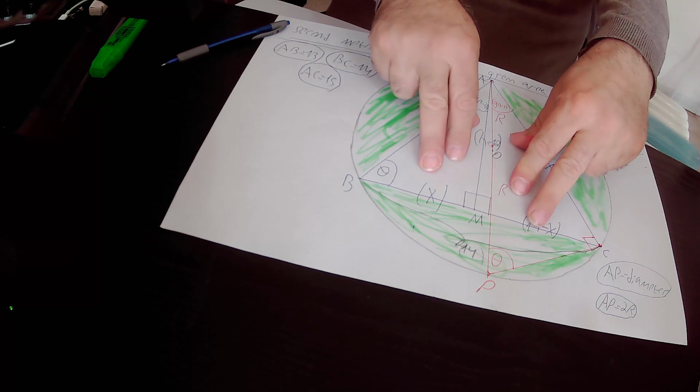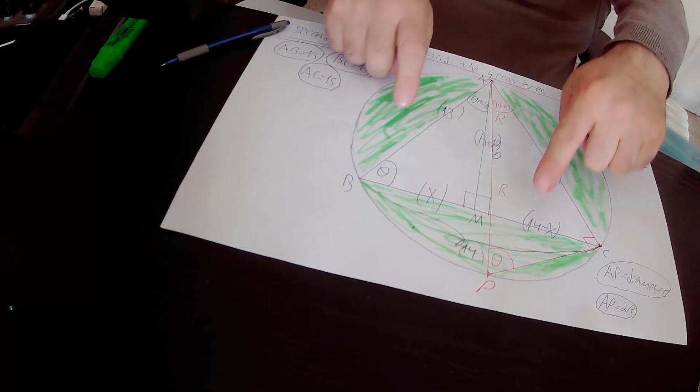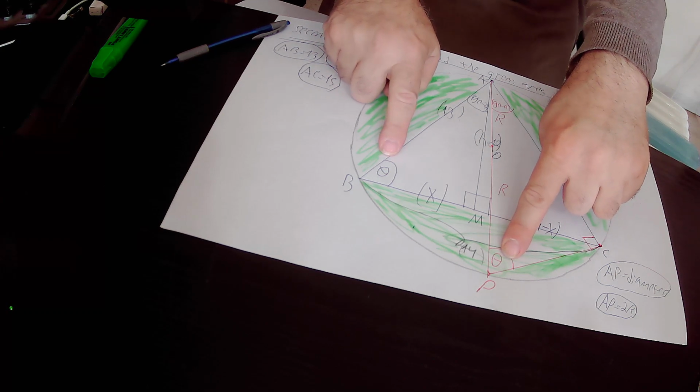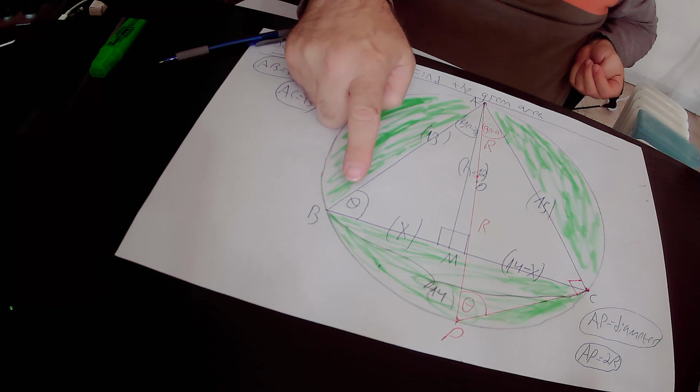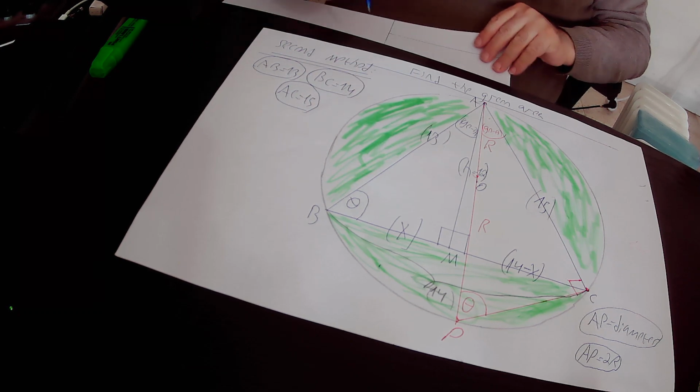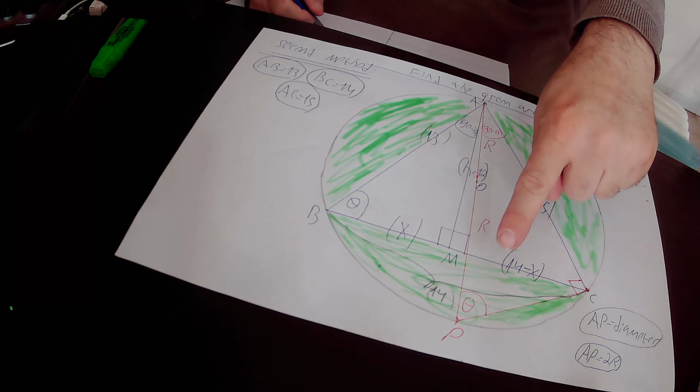So why are those two right triangles similar to each other? First of all, those two angles are both equal to theta, therefore they are equal to each other. This is angle ABM, and it is equal to this angle.